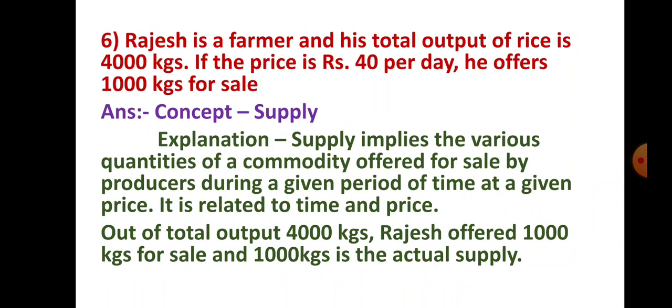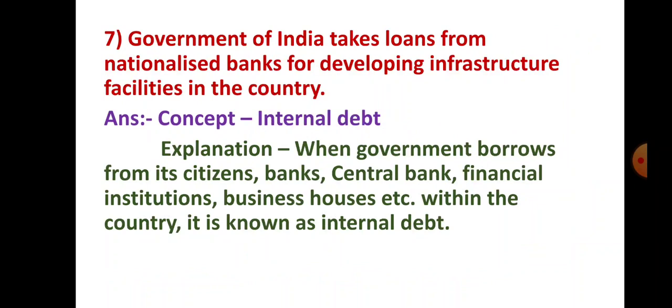Supply implies the various quantities of the commodity offered for sale by a producer during a given period of time at a given price. So it is related to time and price. So out of total output of 4000 kilograms, Rajesh offered only 1000 kilograms for sale, and 1000 kilograms is the actual supply in the market.